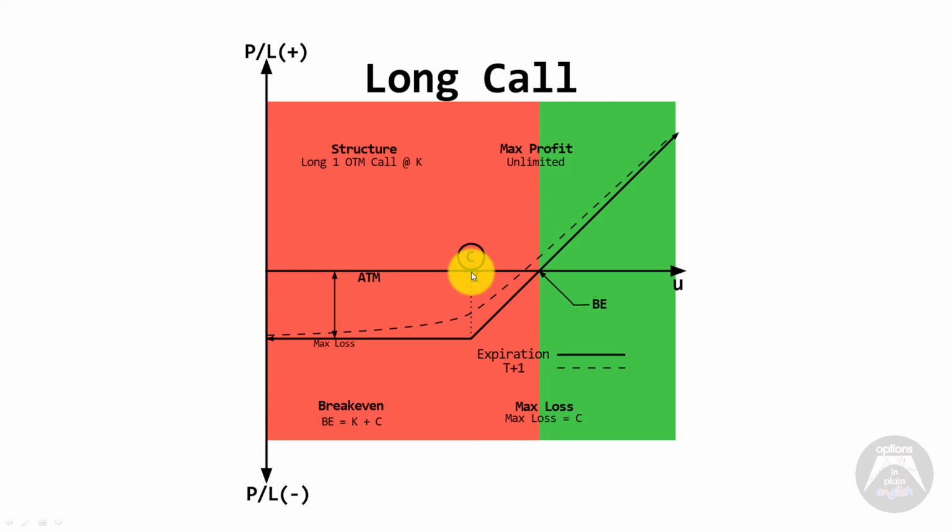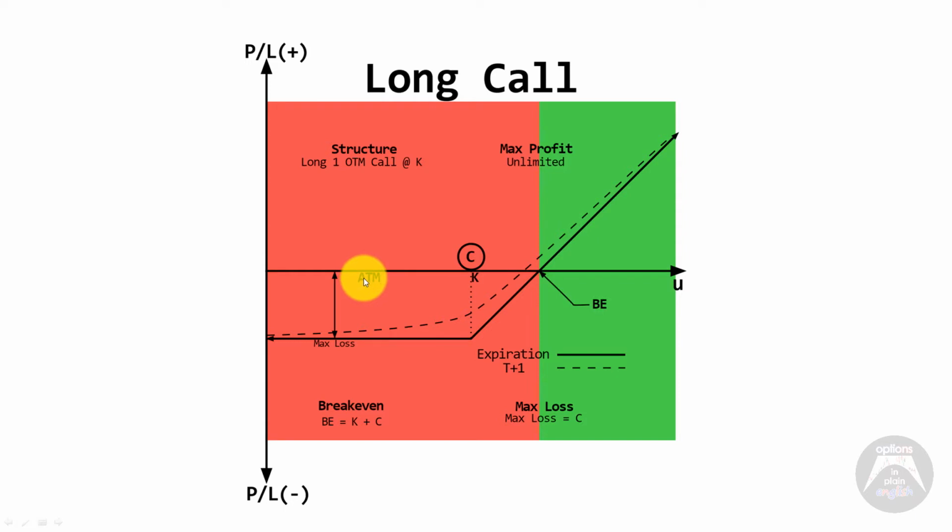Because it is above the axis, not below, it means that the trader bought the contract and didn't sell it. So for this call that was bought at the strike price of K, K representing a strike price, C represents the call and also the premium that was paid for it.